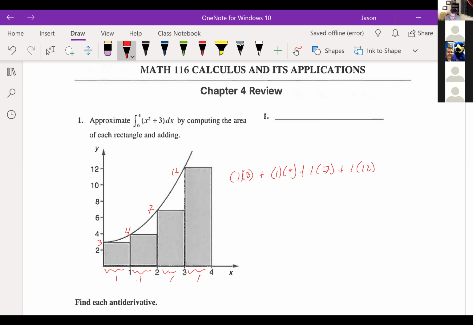So the 1 kind of doesn't matter. This is just going to be 3 plus 4 plus 7 plus 12. Okay, and 3 plus 4 is 7, plus 7 is 14, plus 12 is what, 26? Okay, so 26 square units.